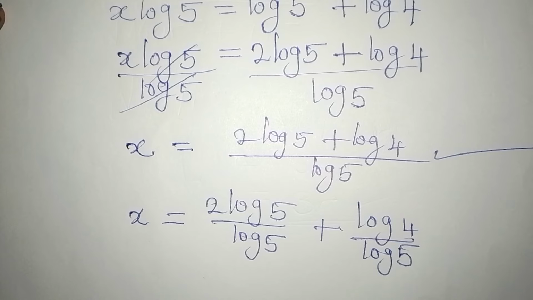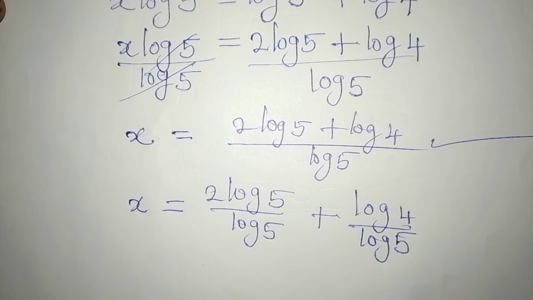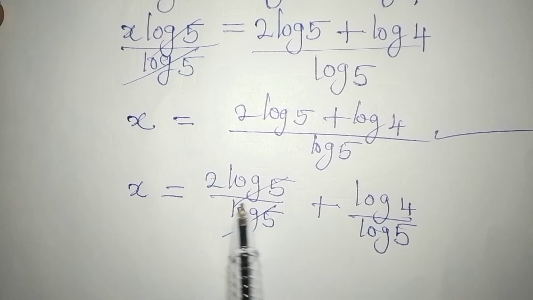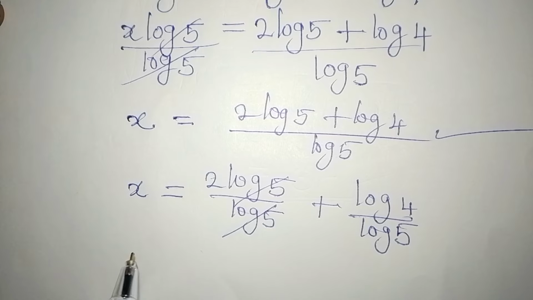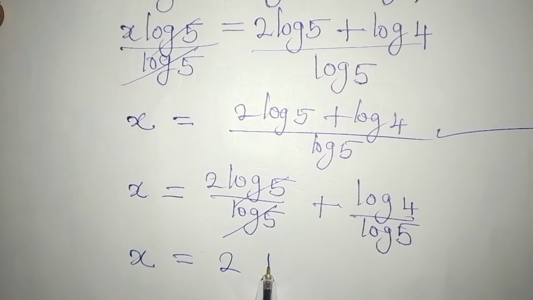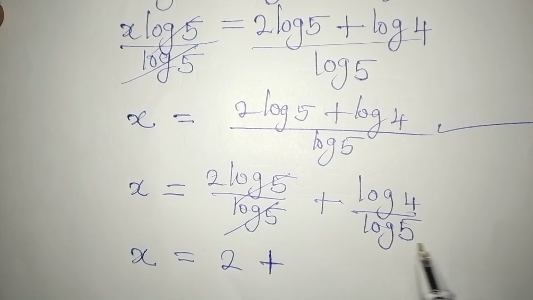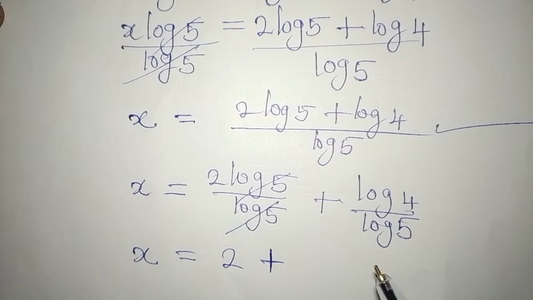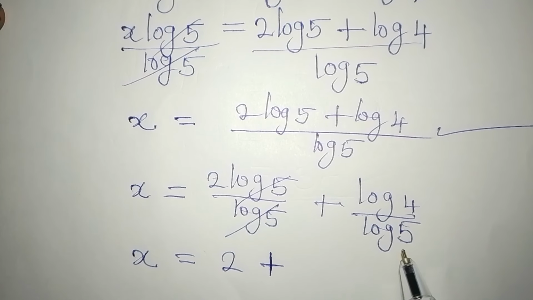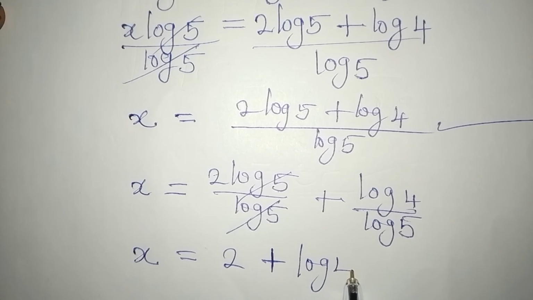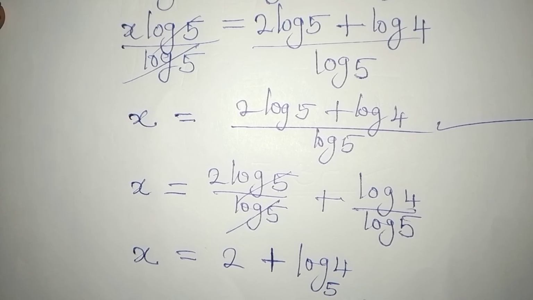There's what they call change of base. I'm sure you've heard about it before. So this will take this out first of all, so that x will be equal to 2 plus, we apply change of base here. Both of them are having base of 10, although not indicated, but we know. So we can change the base from base 10 as we have log 4 to the base of 5.